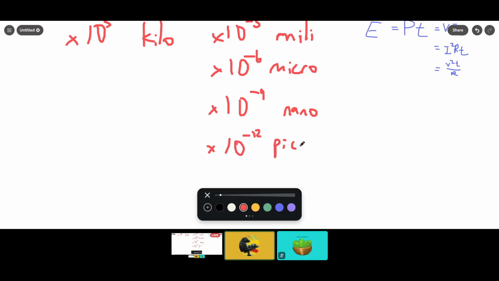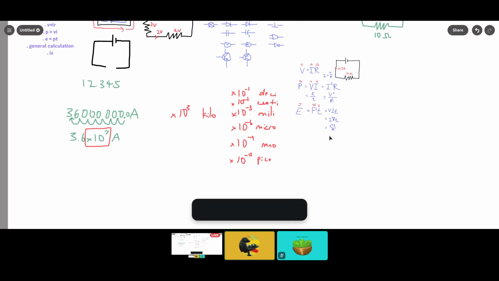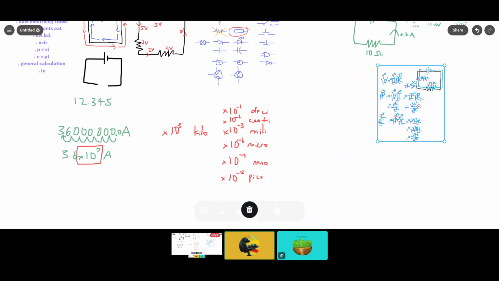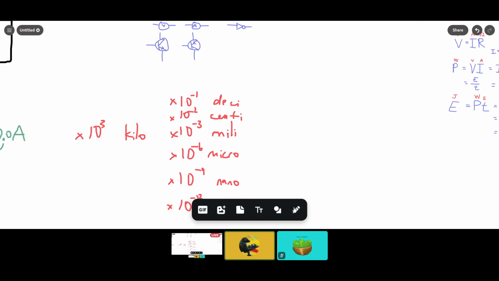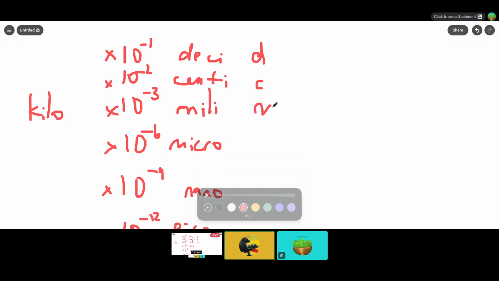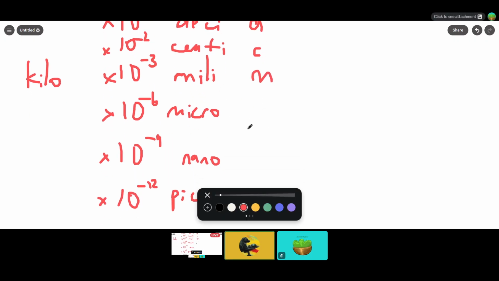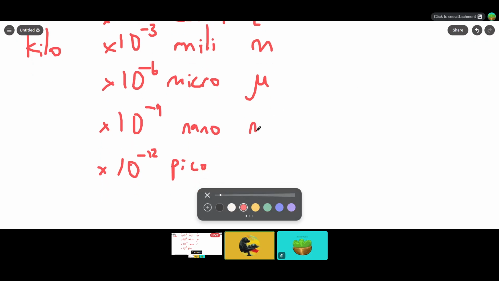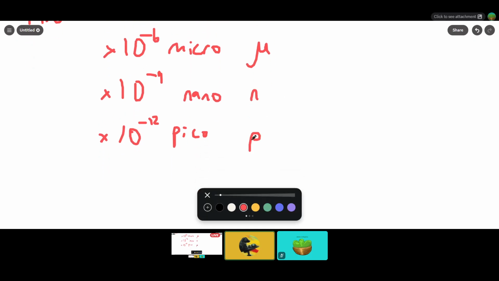That's all you need to know for O levels. Let me shift this away. And there is actually a symbol for this, not just a name. Deci will be D, centi will be C, milli will be M, micro will be this symbol, I forgot what it's called. Nano is N, and pico is P.